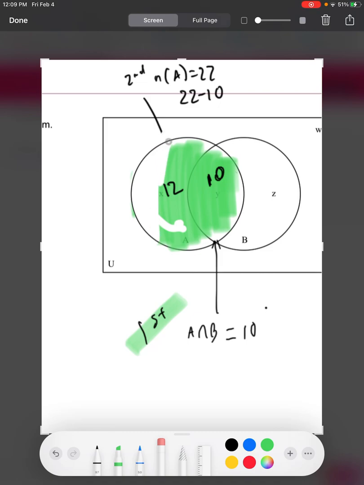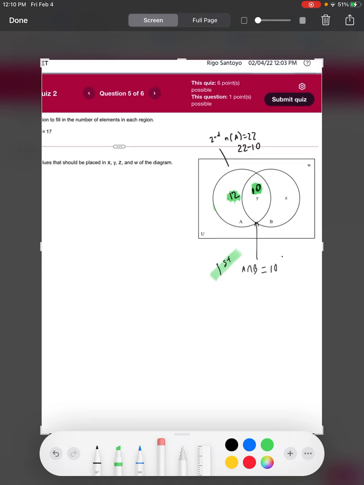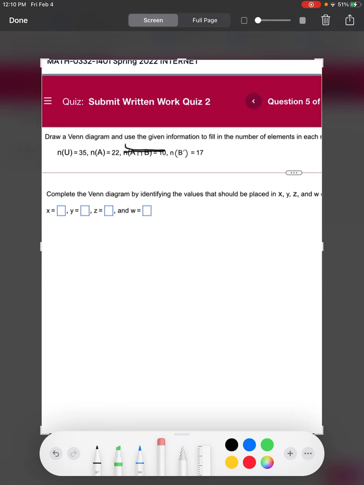Right, so now we know that part. So let's continue here. Now we have those first two parts, so we can check that off.